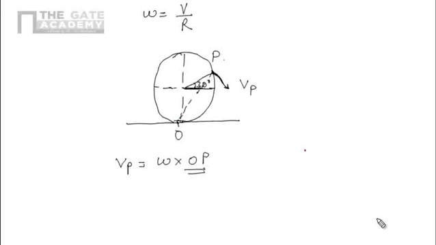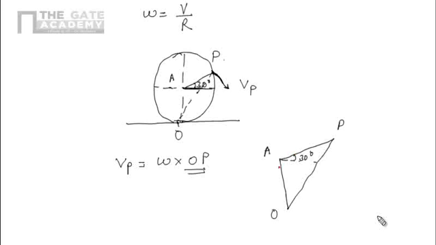Now I am again drawing the diagram for our understanding here. Suppose this point is A. This is O. And now we are interested in OP. Here, if you see the diagram, this angle we know is 30 degree.